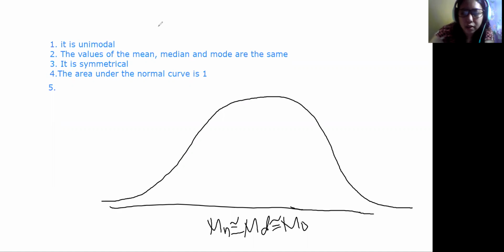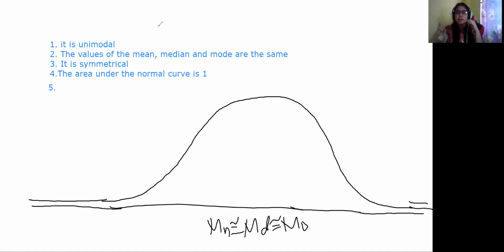I will not let the curve intersect or touch the x-axis, because our number 5 characteristic is that it is asymptotic to the horizontal line.